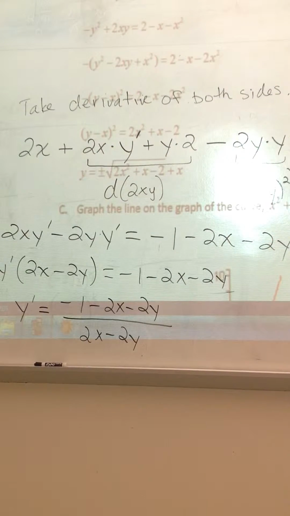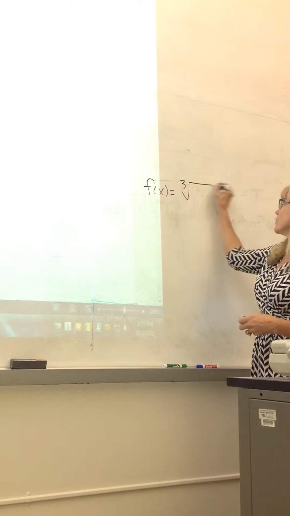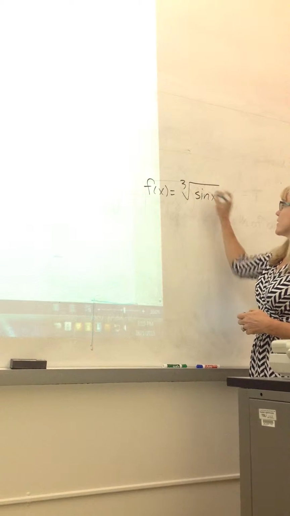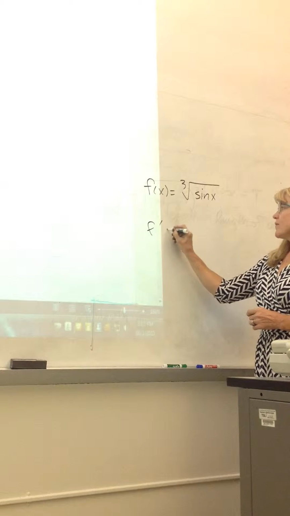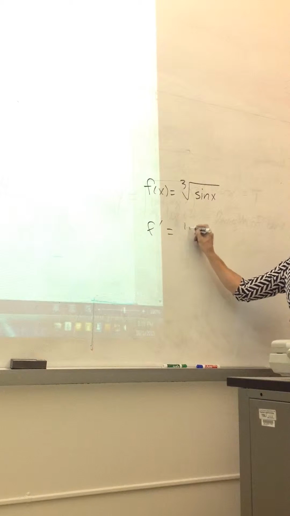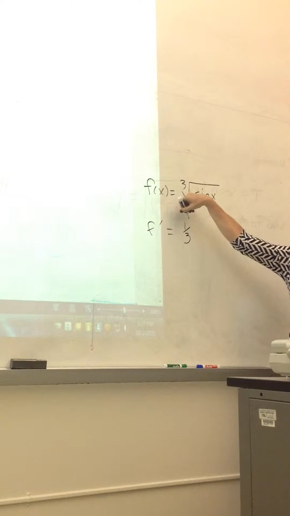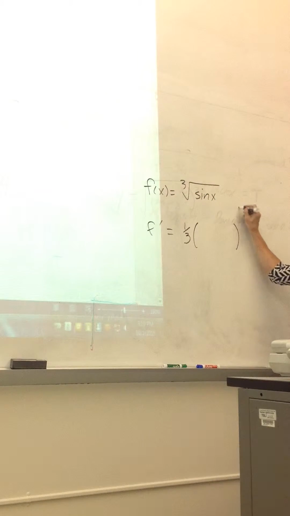So when you took the derivative of y squared, why did you times it by the y derivative? For the same reason that if you had been given a problem like the cube root of sine of x, the derivative of this would involve multiplying by 1/3, because that's the power, cube root's a 1/3 power, and then you would subtract 1 from the power.